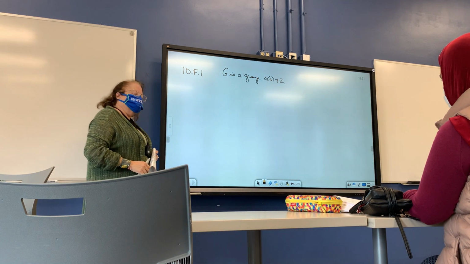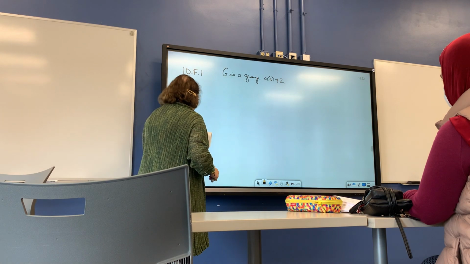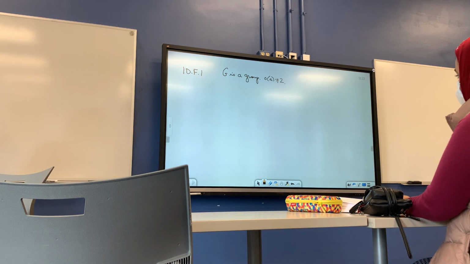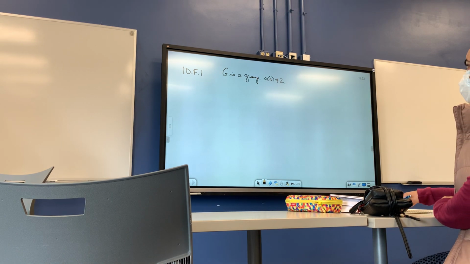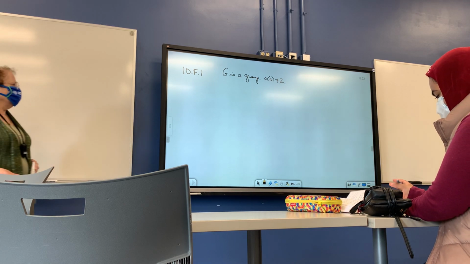Because it's divisible by 2, it's divisible by 3, 4, 6. Okay, the question on part 1 is find k such that a^k equals e, and it's the smallest one.